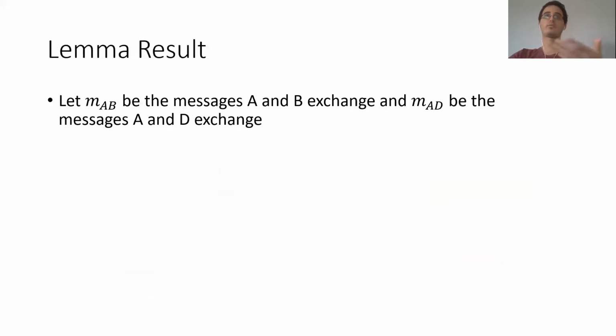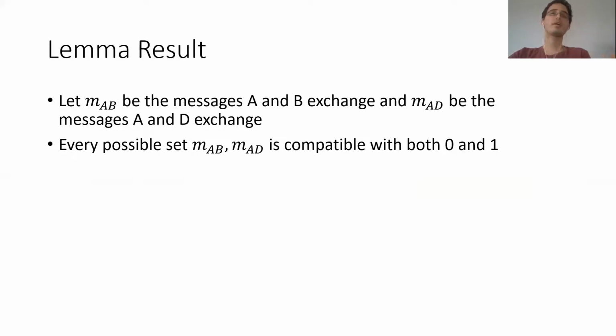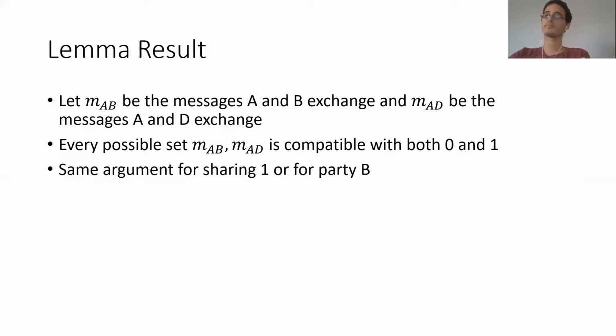If we say that M_AB are the messages that A and B exchanged, and M_AD are the messages that A and D exchanged, then every possible such set, M_AB and M_AD, must be compatible both with 0 and 1. The same argument can be said for sharing 1 or for party B as well.